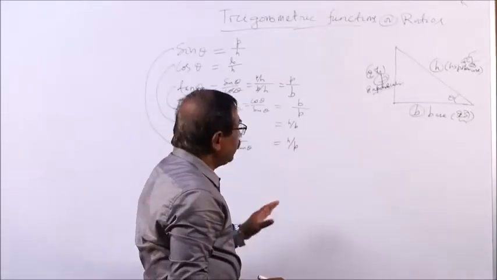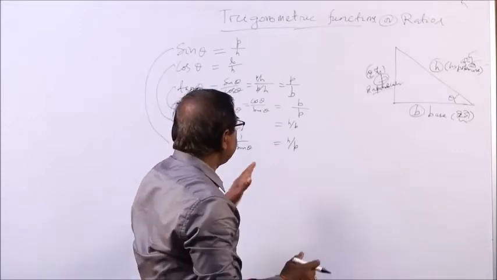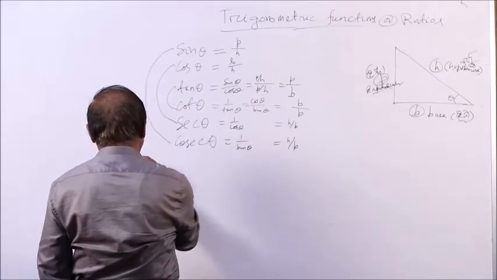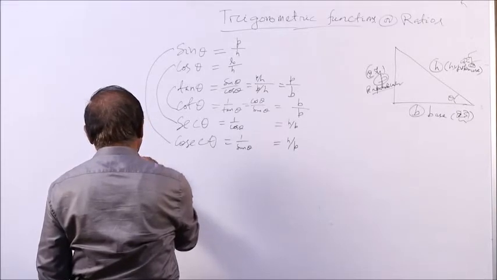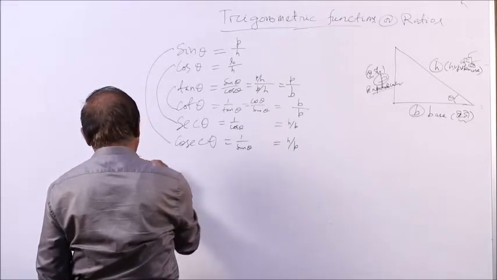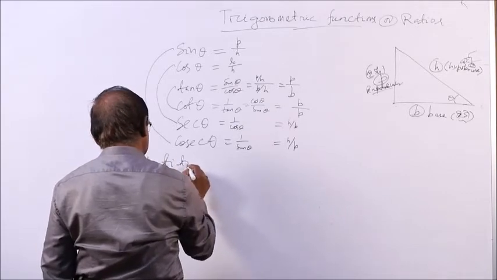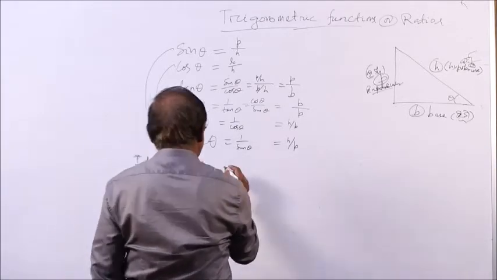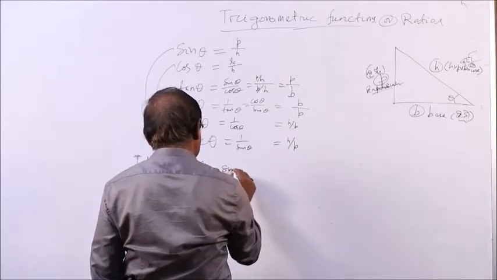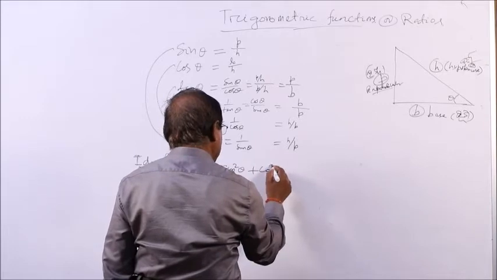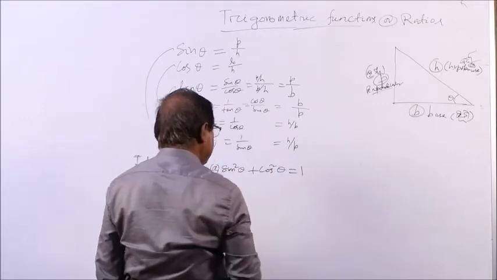Now we have to verify these trigonometric identities. That is sin square theta plus cos square theta is 1.